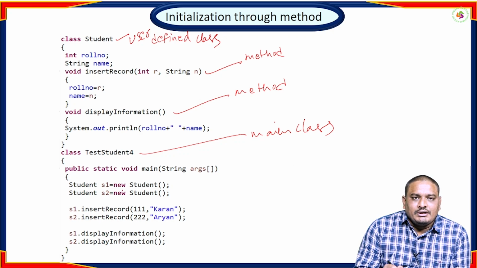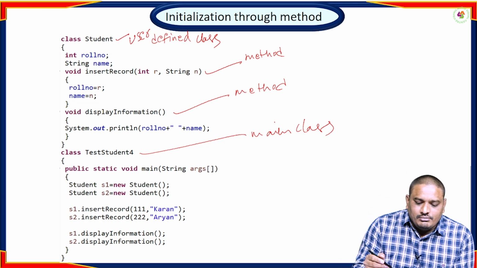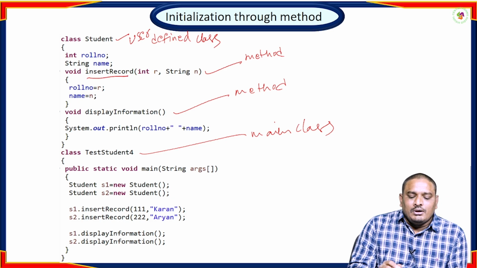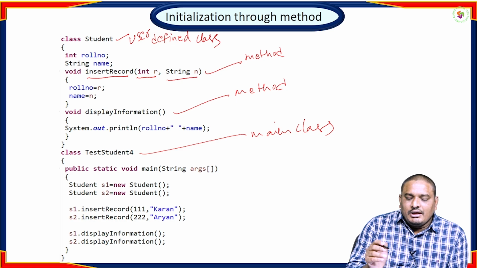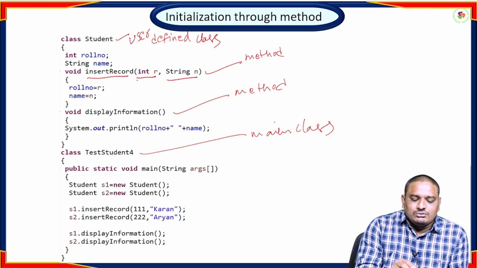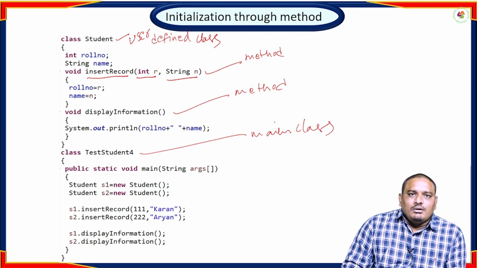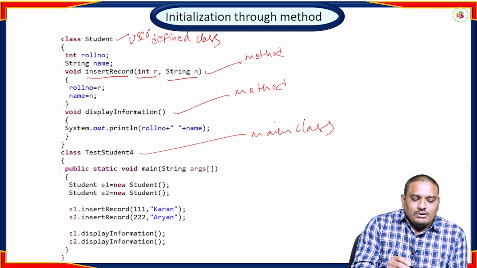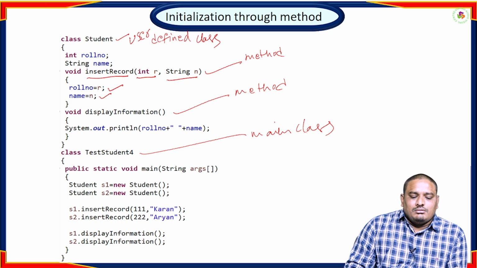Before creating the object, first see what the method is and how to pass the variables. Here insert record is a method name. int r is one parameter, and String n is another parameter. These two parameters are passed to the insert record method. Now we assign values to the variables: roll number equal to r, name equal to n.